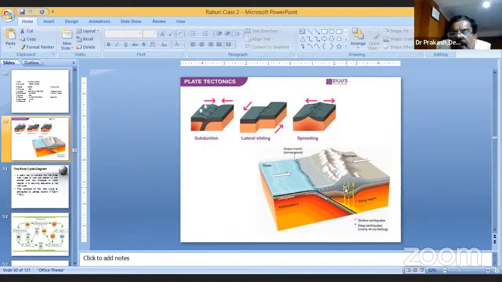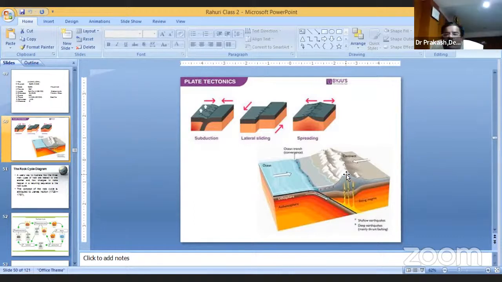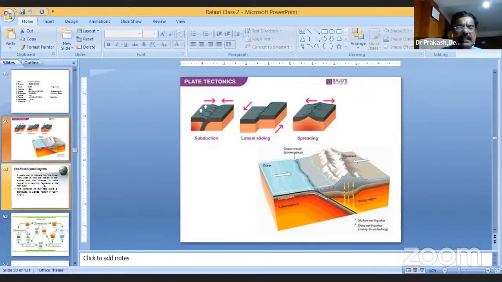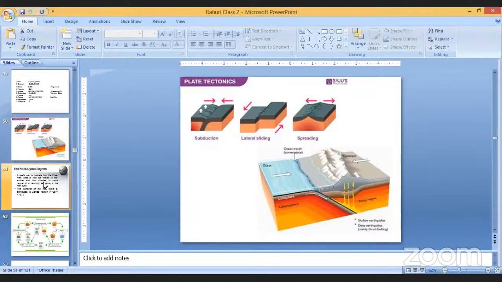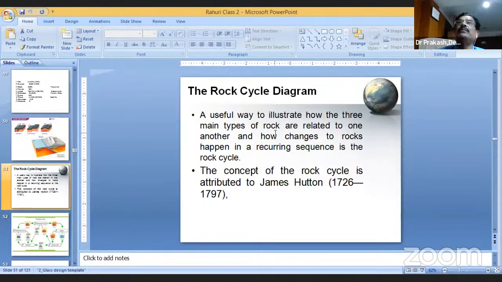Both of them have come and collided. As a result, this has gone down and one has risen to make a mountain. So the surface is rising like that. With this, I'll move on to tell you something about the rock cycle diagram.